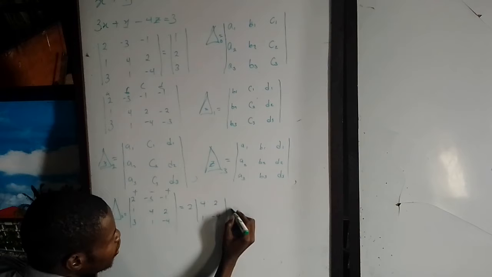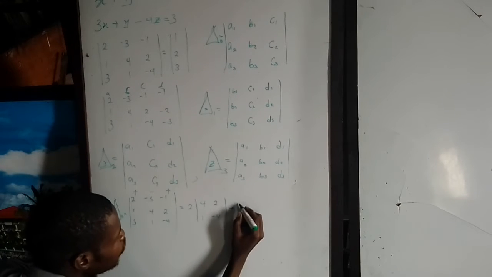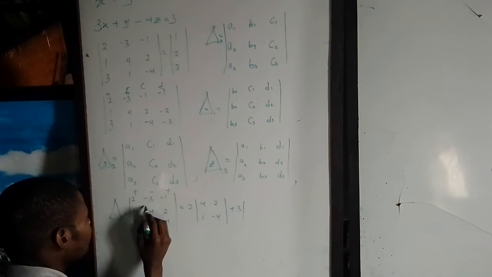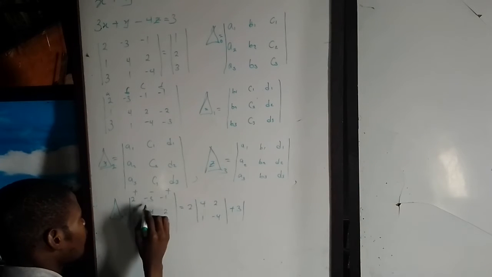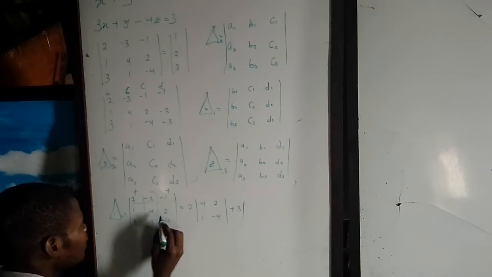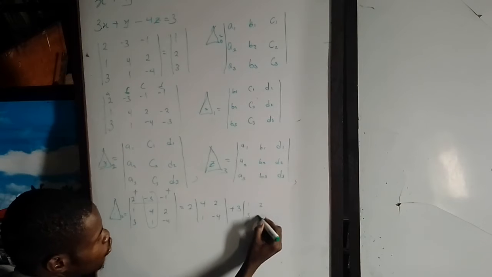So this will change to what? Plus. Minus times minus will change to plus. You have 3, you have this. Do you understand? So this and this, you are going to have 1, 3, 2, minus 4.